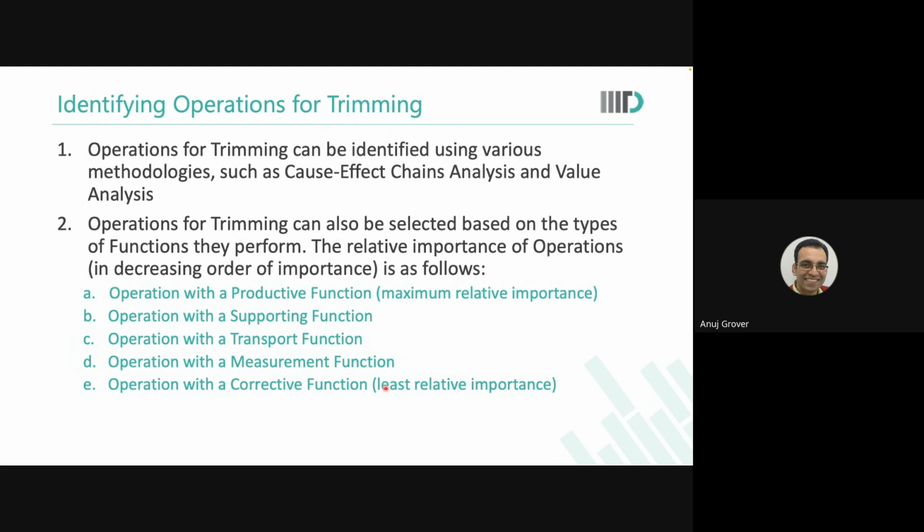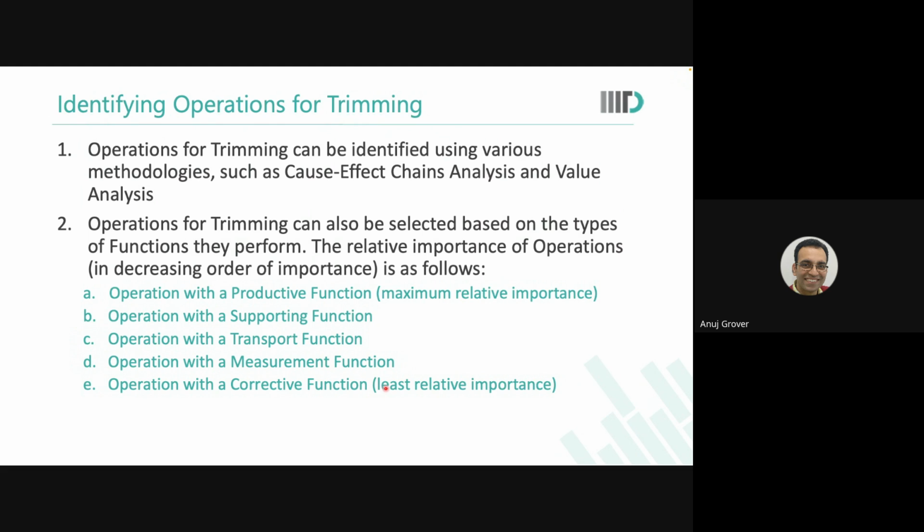We had said that components which have high cost but low functionality, low value, should be trimmed. That is also what we do over here. Functions have a cost, and if they are not productive functions, for example, they should be trimmed. So the same rules apply here.